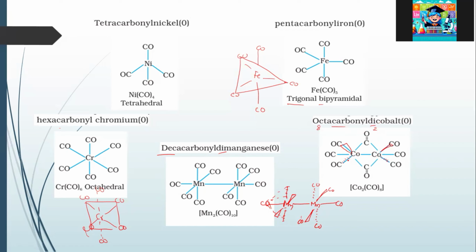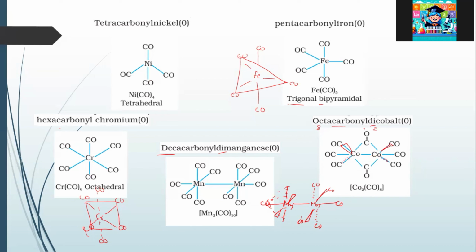So it is somewhat like a tetrahedron with the apex being the cobalt ion. And this is connected to the second such set of tetrahedron through a single bond.